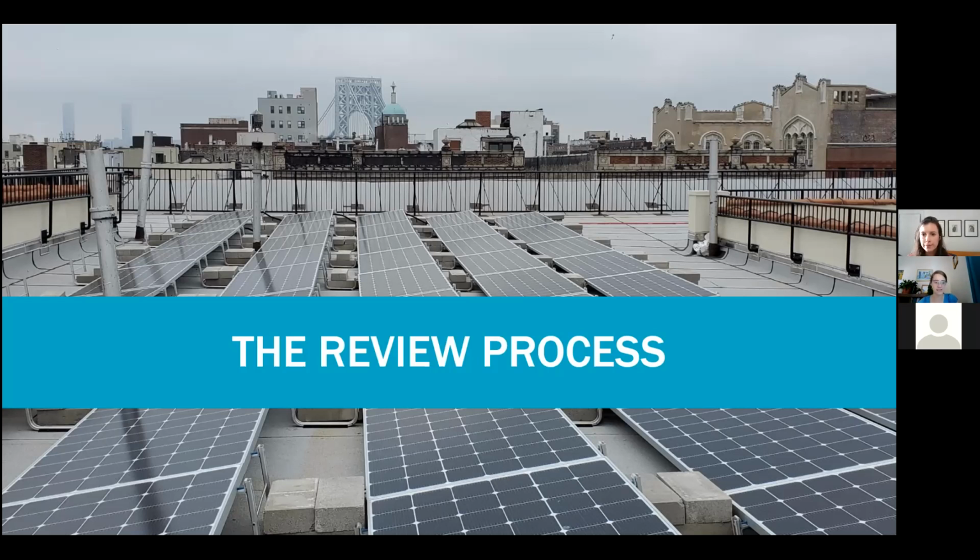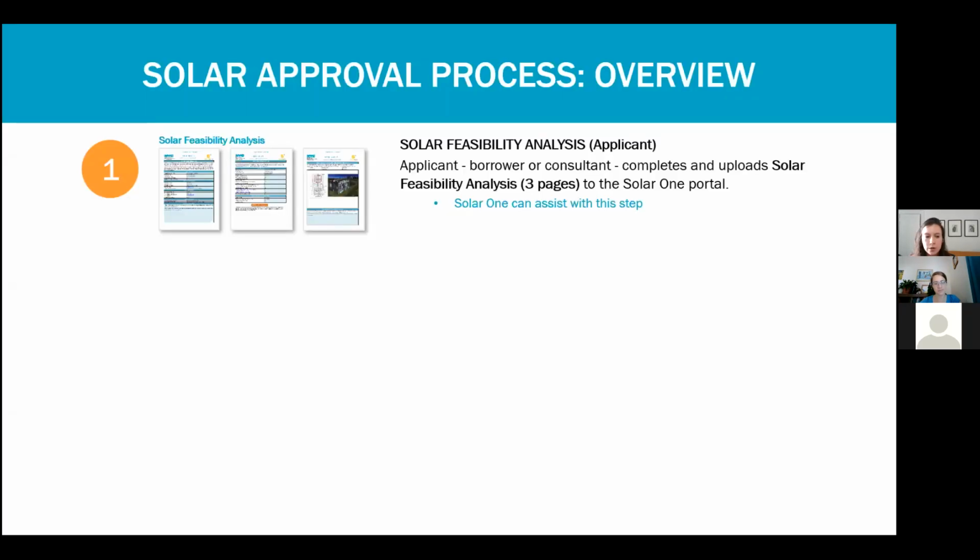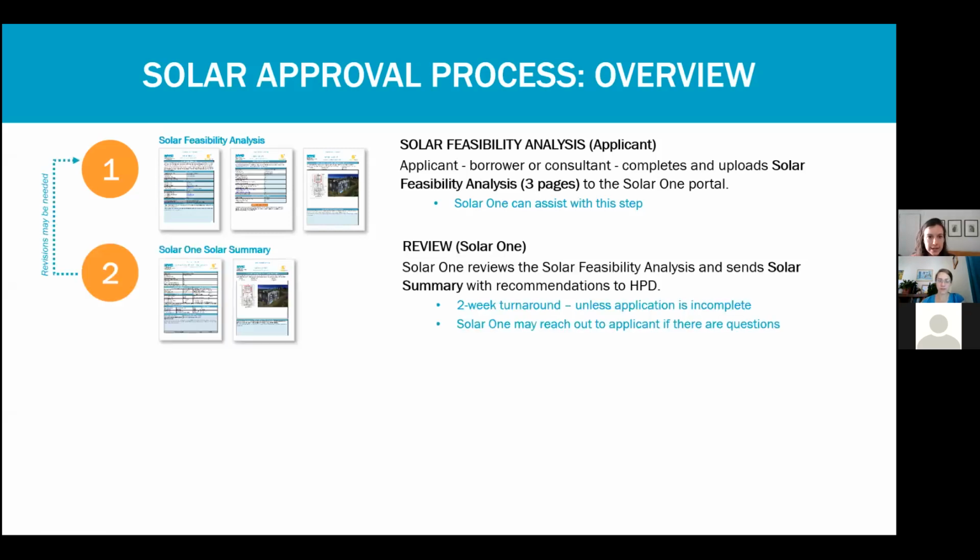Go ahead, Kate. Let's talk about the review. So we're going to go through this pretty quickly just to see how this fits into the full review process and the HPD process. Just to review, the solar feasibility analysis is completed by the applicant, probably many of you, and submitted. 3 pages are required plus the results page, and Solar One can help with this step. Solar One does the review, and that takes about 2 weeks.